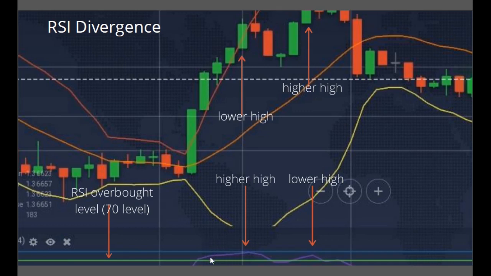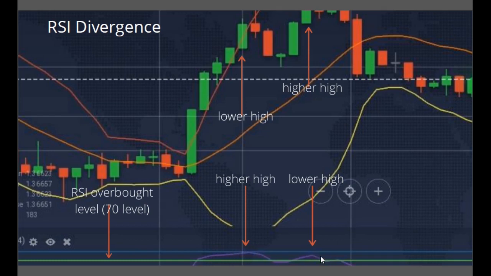As the price of an asset rises, the RSI is expected to rise. Because the RSI did not rise as the price rose, it tells you that there is a shift in momentum, and that that move up is a false move, because the market momentum dropped from this level to this level.